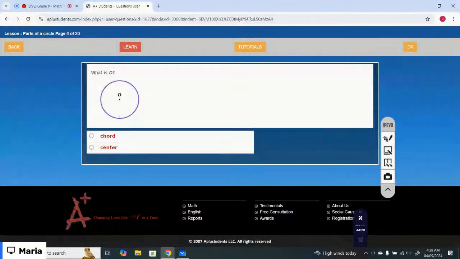What is point D? The correct option is center of the circle. D is the center.